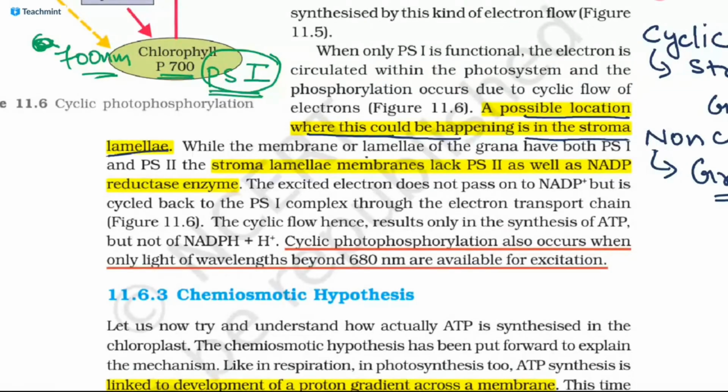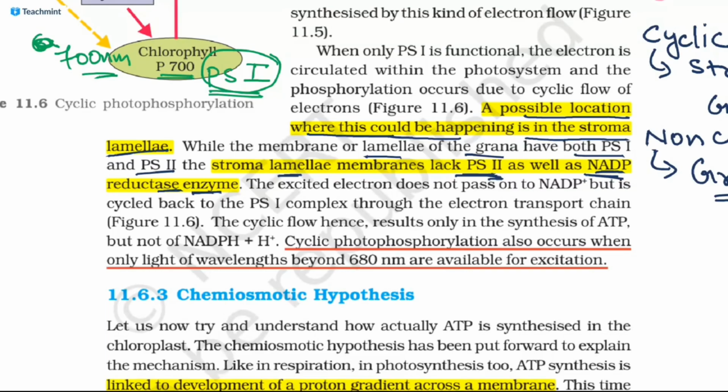While the membrane of lamellae of grana has both photosystem 1 and 2, the stroma lamellae lacks photosystem 2 as well as NADP reductase. Understood? The stroma lamellae not only lack photosystem 2, but also lack NADP reductase enzyme, whereas the grana membrane has both photosystem 2 as well as the NADP reductase enzyme.